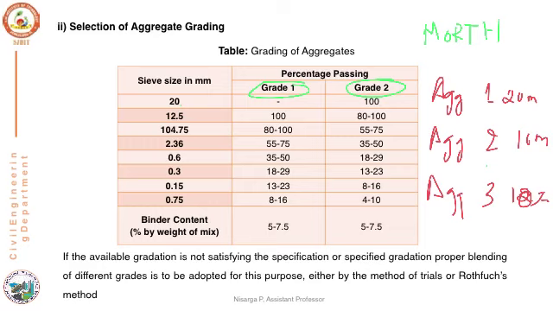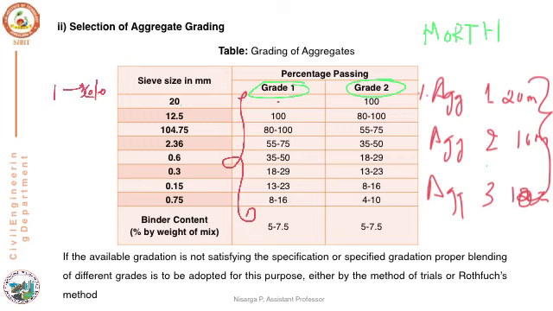Now all these three materials have to be mixed in some proportion, such that when you mix these aggregates in the selected proportion, you obtain the aggregate gradation specified by the MORTH specification. When we do the aggregate blending using any of the blending methods, we will be determining the proportion of the various aggregates, like how much percentage of aggregate 1 we have to use.